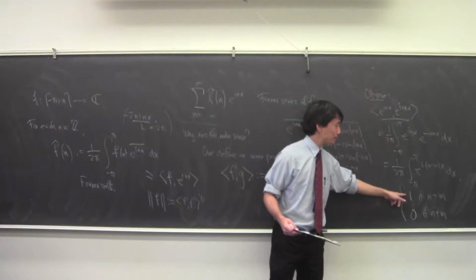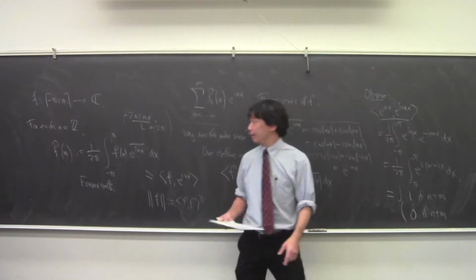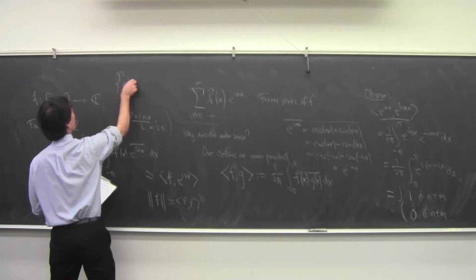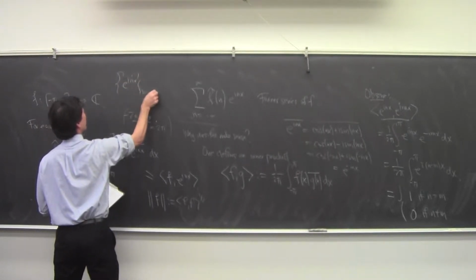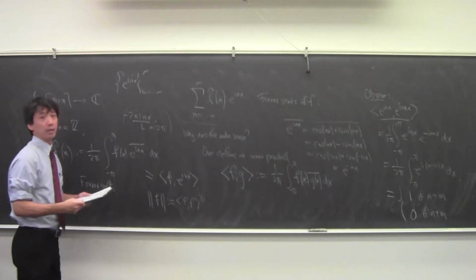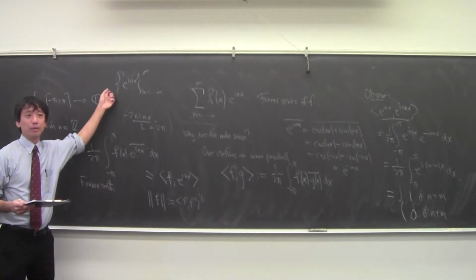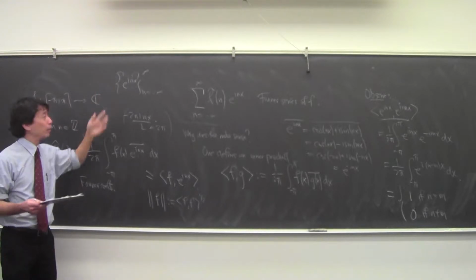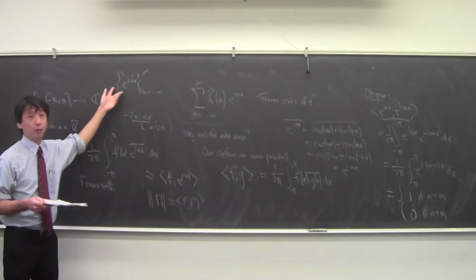So what do you have? These e to the inx, as n ranges from negative infinity to positive infinity, are orthonormal. Again, go back to linear algebra. They're orthogonal to each other, and they all have norm 1.